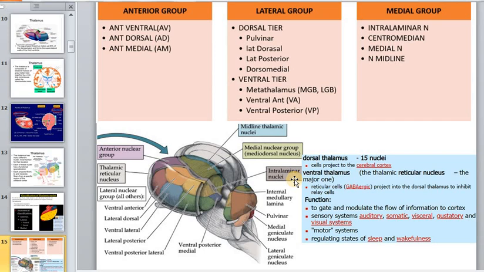Do you remember the practice about the reticular formation? We said that the reticular formation network contacts the thalamic area of the brain.